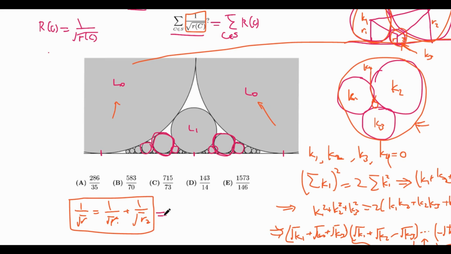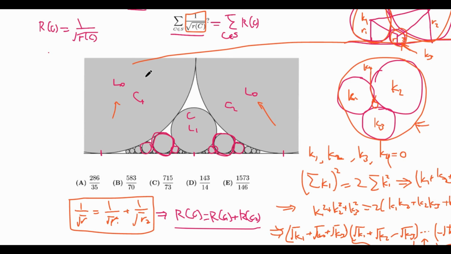And now our formula here implies that big R of C equals big R of C1 plus big R of C2, where this is C1, C2, and C. So now we see that using this formula here, we can determine big R of any circle in terms of big R of C1 and big R of C2, because we just recursively use this formula.